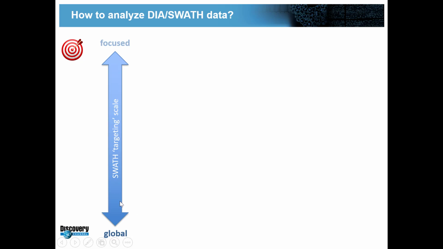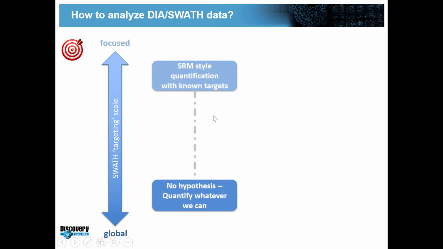We can extract all the peptides that we can from these large repository spectral libraries and see how this works. So this is either having a hypothesis or having no hypothesis at all, or there are many things in the middle as well, having some kind of weak hypothesis or having libraries which are focused on a particular sample type. So there are certainly choices to be made here.